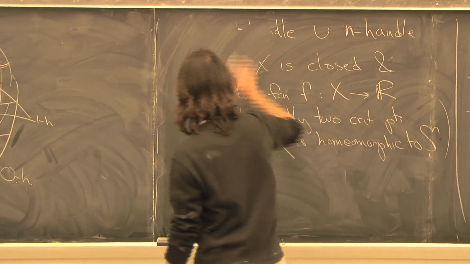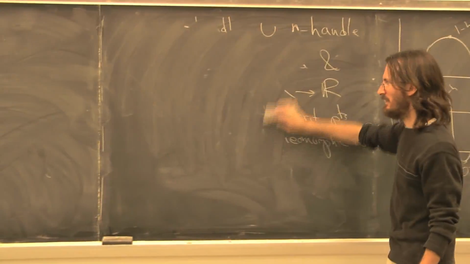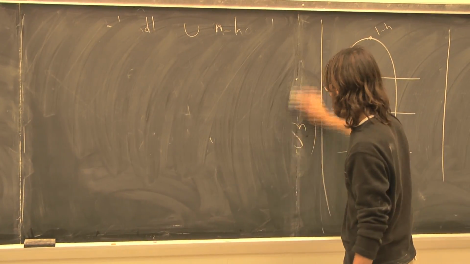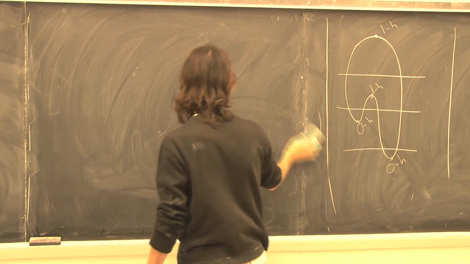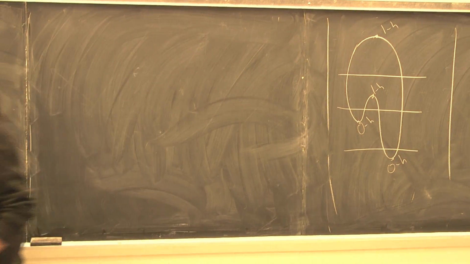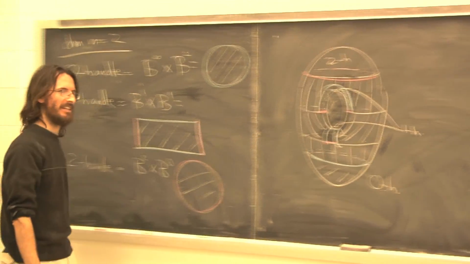So I'll say that those things I think you can figure out yourself, but it becomes a little more interesting when we move up a dimension and start thinking about other index handles.